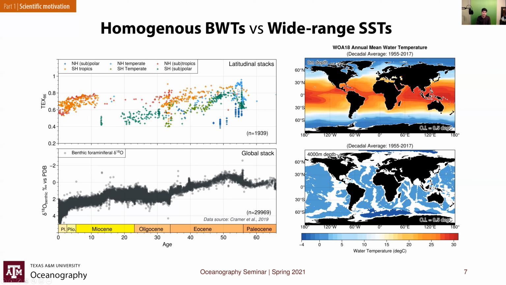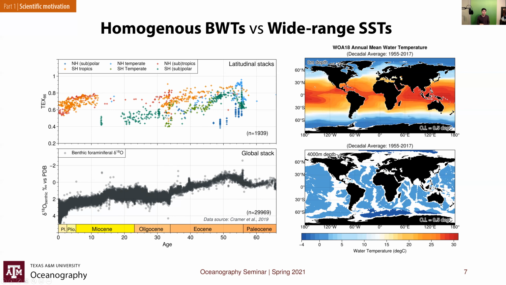Compared to these TEX86 data, if we didn't color all the data by the latitudinal zones as you see right now, you might think that the data is pretty scattered, not showing any obvious trend compared to what we see from the benthic delta 18O. And that reflects the wider range of temperature at our ocean surface.